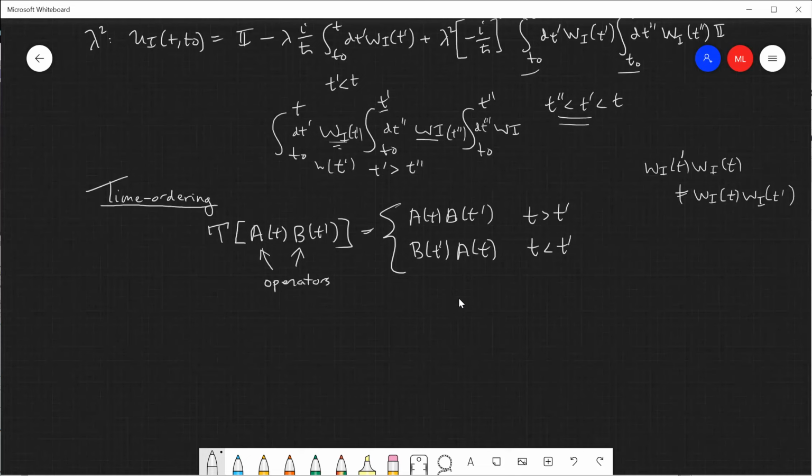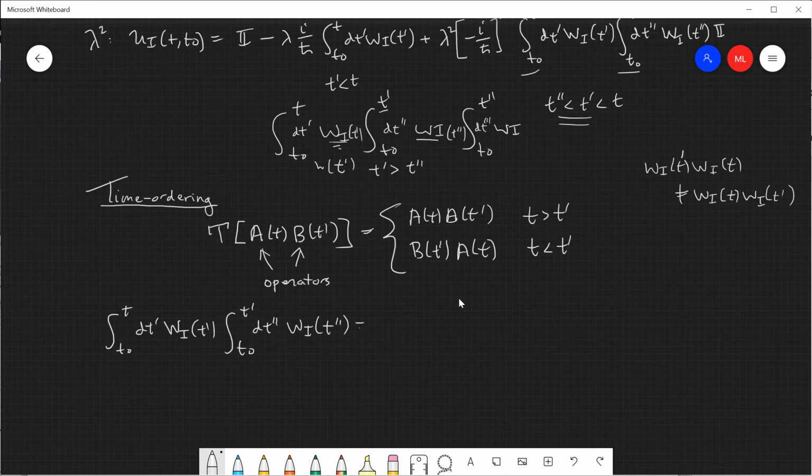Say you have this double integral from t naught to t, dt prime, W_I of t prime, integrated from t naught to t prime. We can write this now as the following.